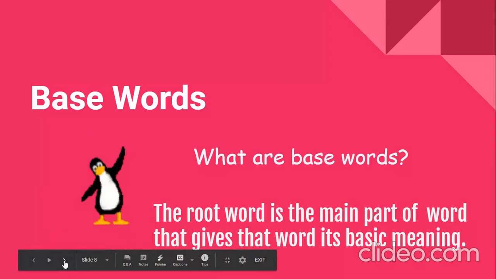It's the basic. Okay, it's like when we are building a building and we start with the base of that building, or with a foundation, and then we put things on top of it. So the most basic meaning of the word is encased in the base word or root word. Okay, so to that we add the affixes, right? So we have seen already prefixes, and today we're going to see suffixes.